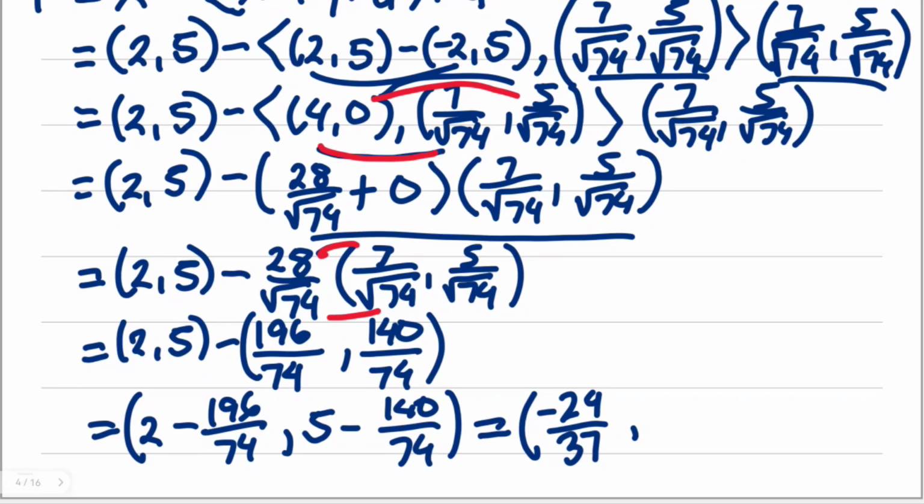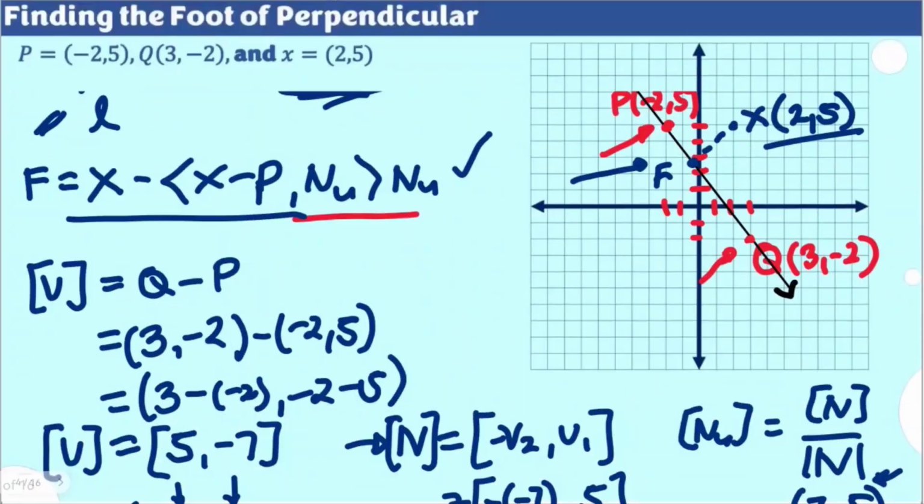And you have 5 minus 140 over 74, which is 115 over 37. So this is actually the foot. As you can see, the x is negative, the y is positive. It fits the perspective that the foot is really in the second quadrant, if my graph here is approximately correct.